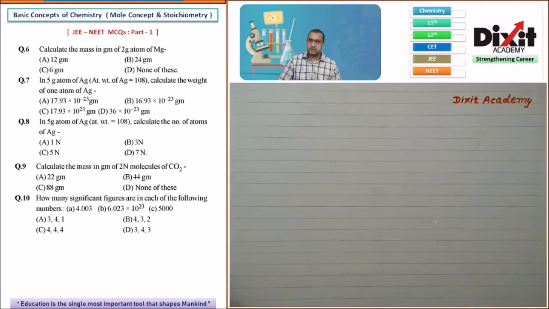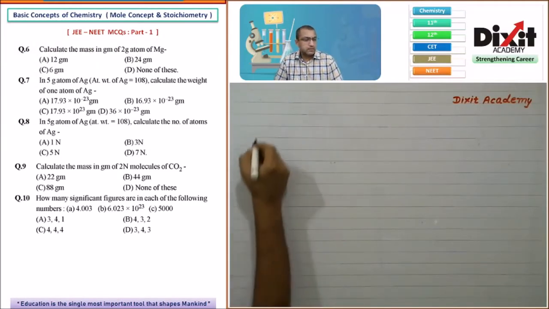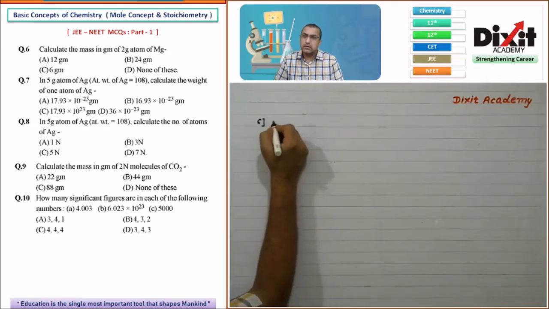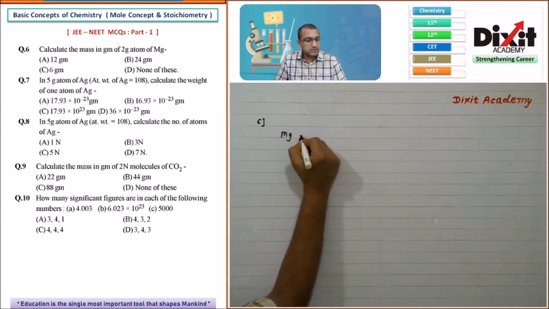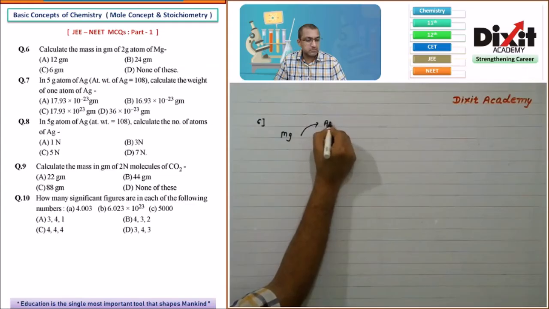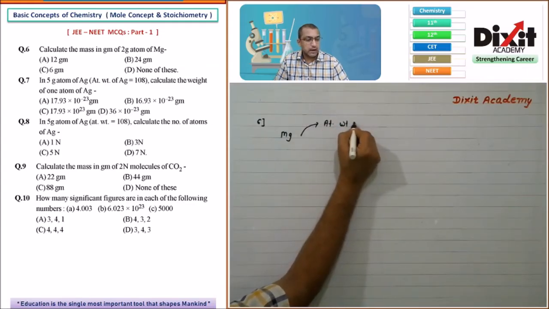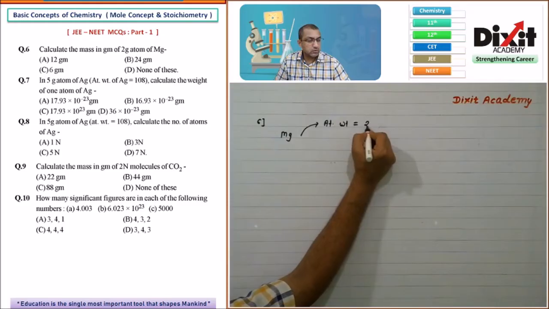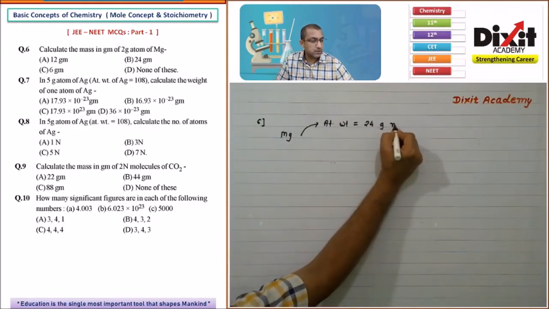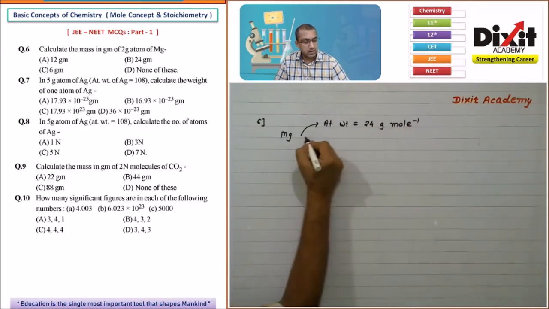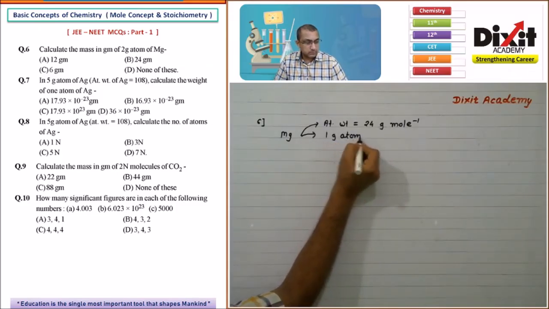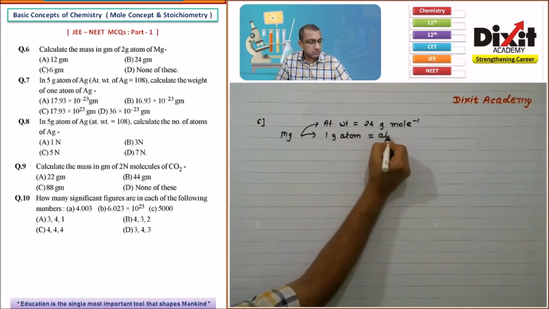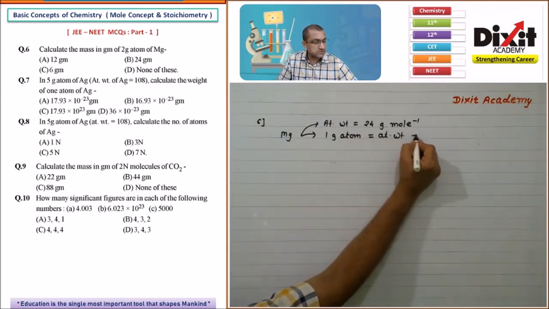Question number 6. Calculate mass in grams of 2 gram atom of Mg. So given atom is Mg, and for magnesium atomic weight is equal to 24 gram per mole. Now remember, 1 gram atom is equal to atomic weight expressed in grams.